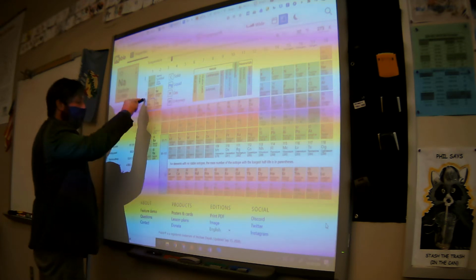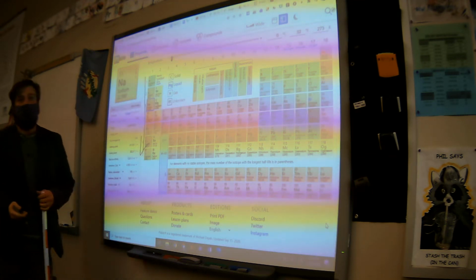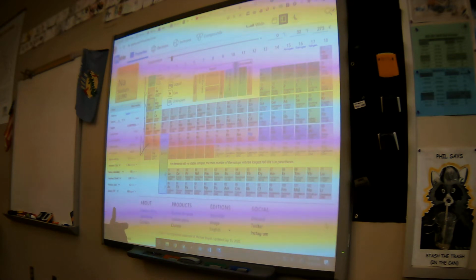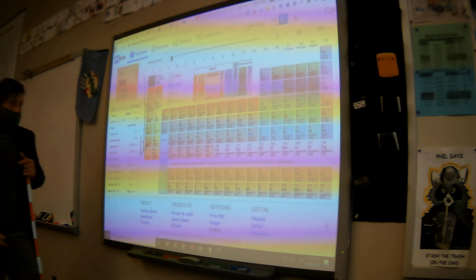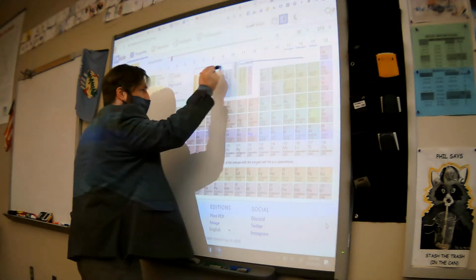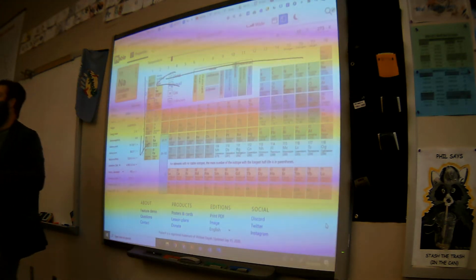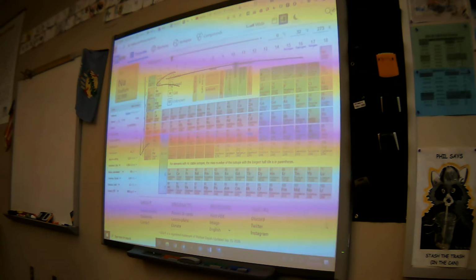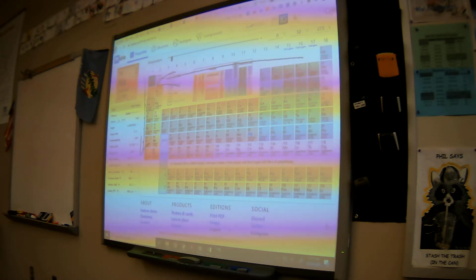Why is it that we get bigger as we go down? More energy levels. Obviously, you're getting further apart, bigger. Why is it that we get bigger going this way? Not being pulled as hard because smaller nucleus, less protons, not as strong a battery.